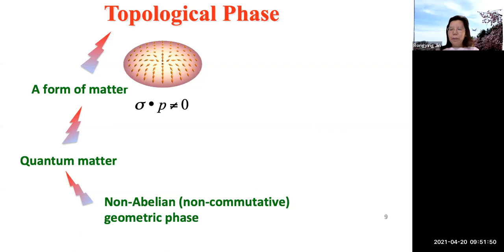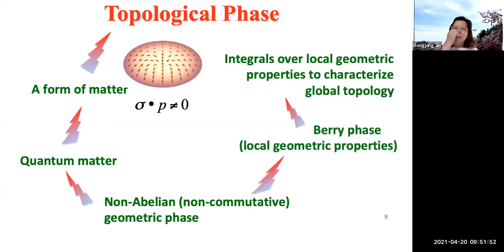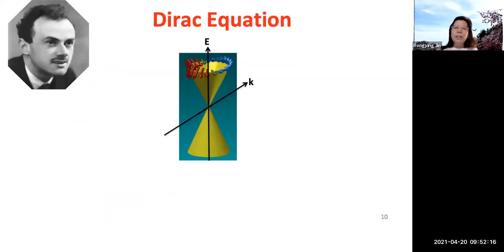When it happens, and when you do the integrals over the local geometries, your properties change, and these properties will have protection of topology. So that's why the materials which have special topology would be very interesting and more so technologically relevant.